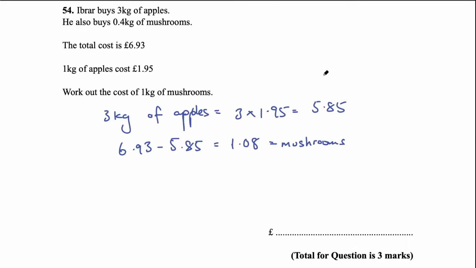So therefore 400 grams, another way of writing 0.4 kilograms, is 400 grams. That's 400 grams of mushrooms is 1.08. So how can we get the cost of 1 kilogram? Well, if we multiply this by 2.5, 400 times 2.5 is 1,000 grams, and that's going to be 1 kilogram.